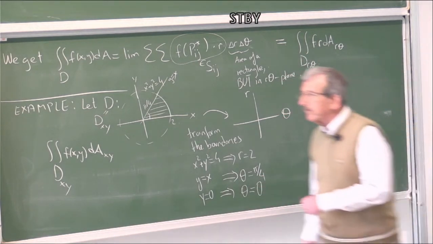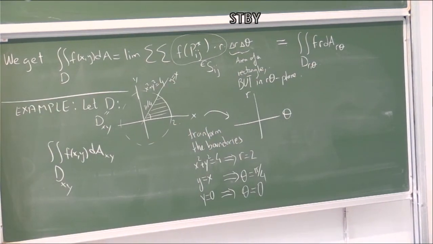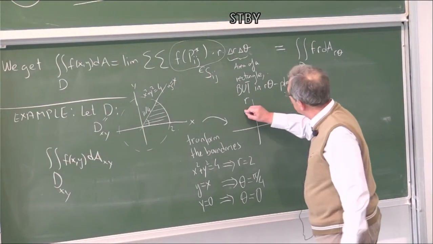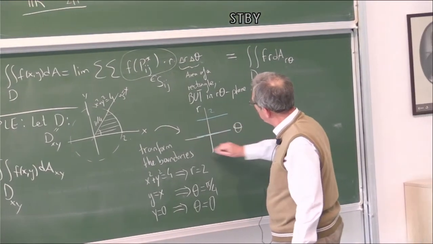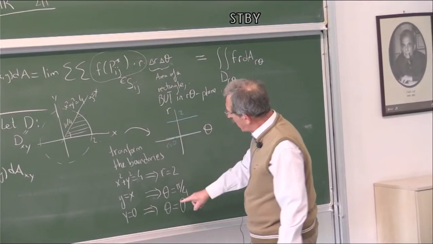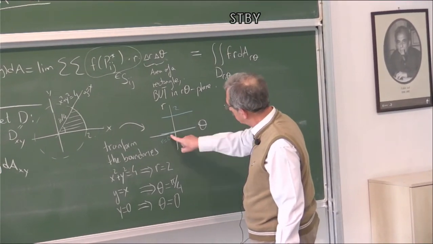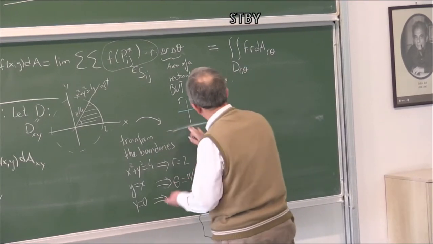So, putting them in place, we have r is 2, r is 0, and theta is, sorry, I didn't say this yet, but it will come in a minute.